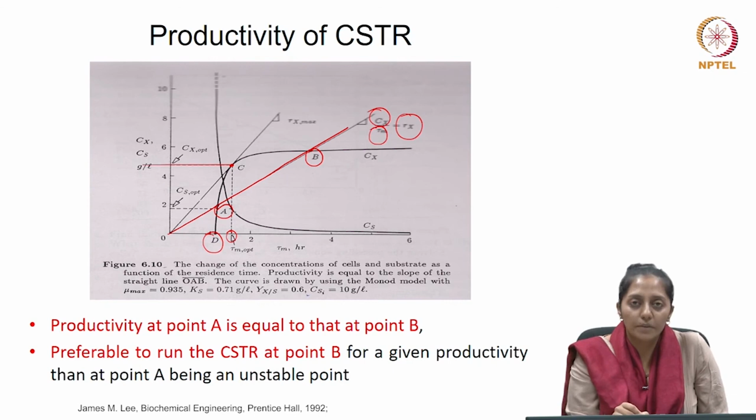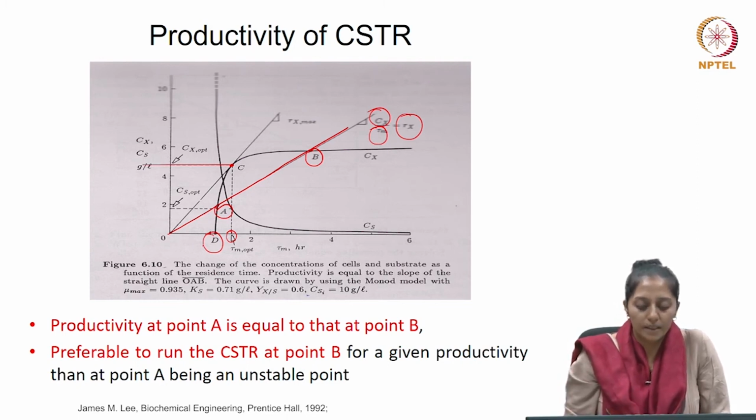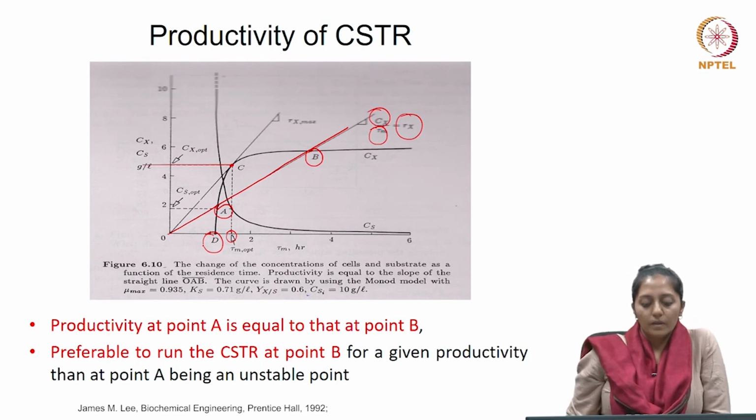We do not prefer to run the chemostat at point A because it is close to the washout point, which is the point D. So, productivity at point A in the plot is equal to that at point B. It is preferable to run the CSTR at point B for a given productivity than at point A because it is an unstable point.